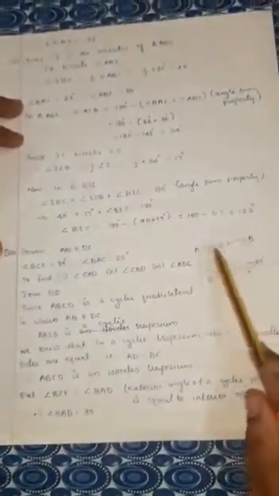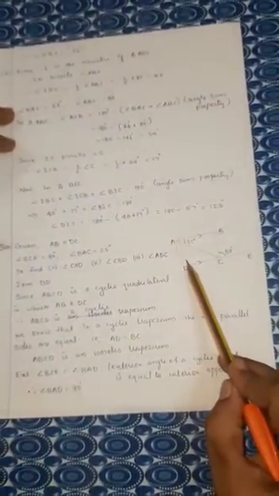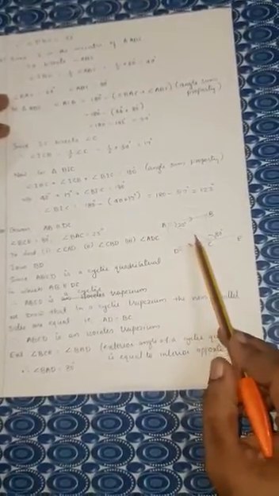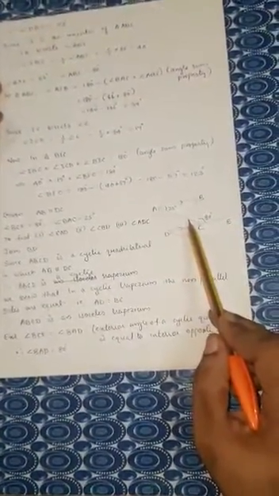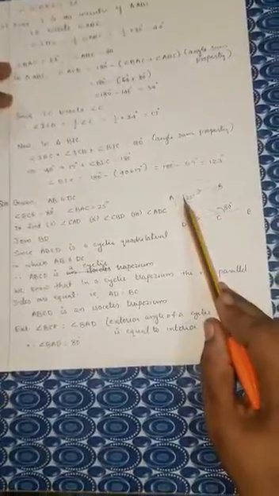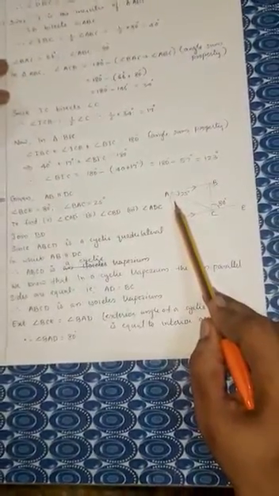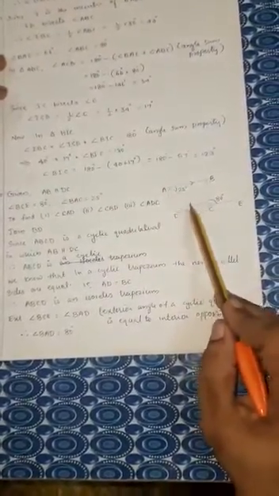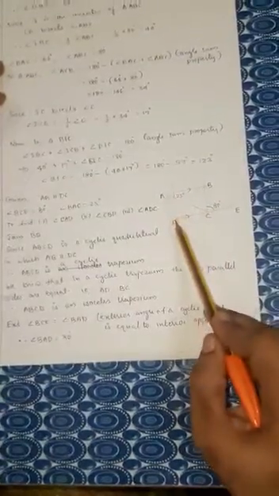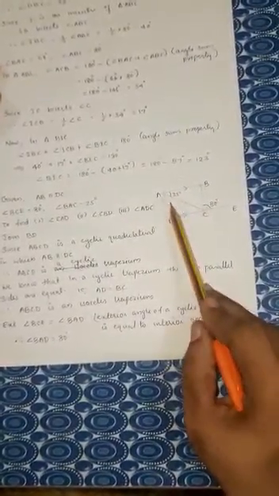Exterior angle BCE equal to angle BAD. We know that exterior angles of a cyclic quadrilateral is equal to interior opposite angles. Therefore, angle BAD is equal to 80 degree.